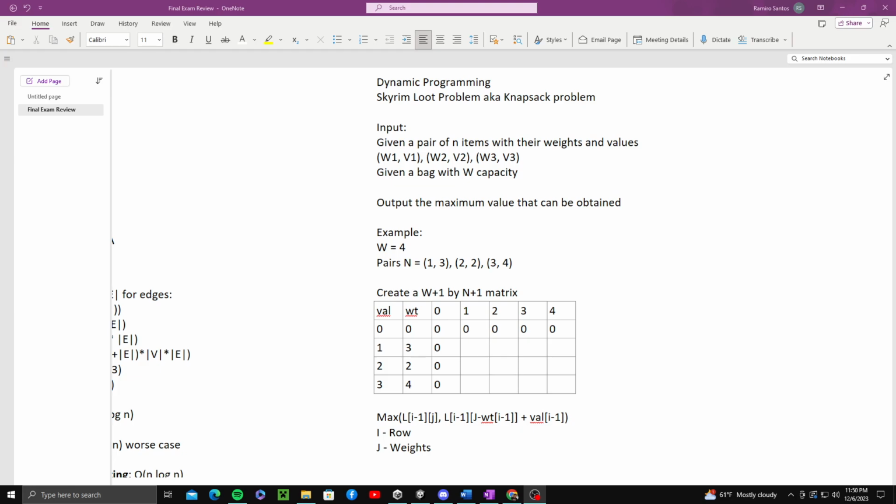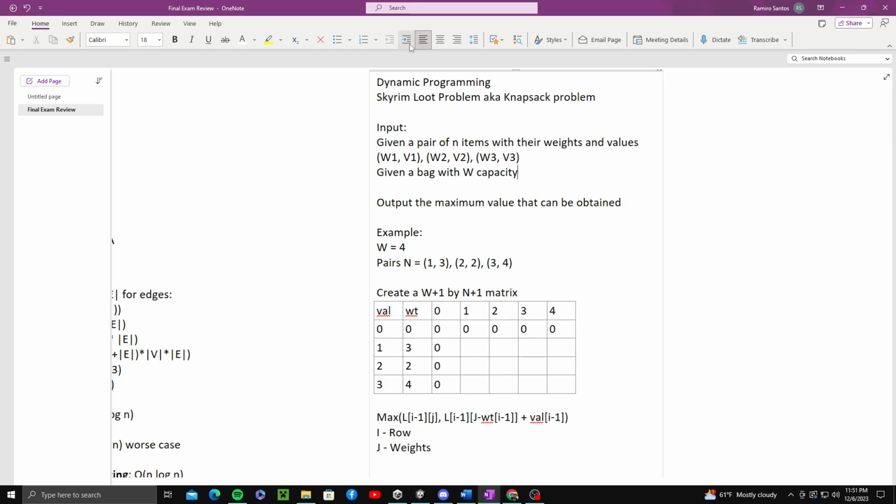In this case, this is also called the Knapsack Problem, where you're given an input of n items that are pairs that contain a weight and a value. These n items are also unique to each other. We're also given the weight capacity.